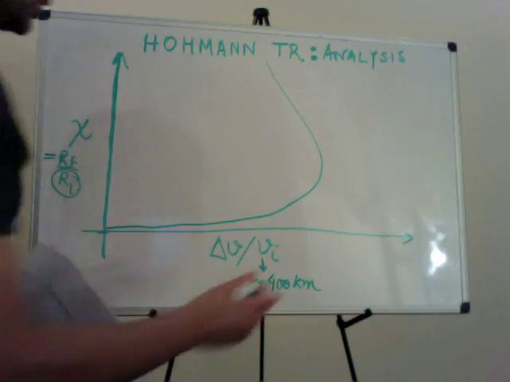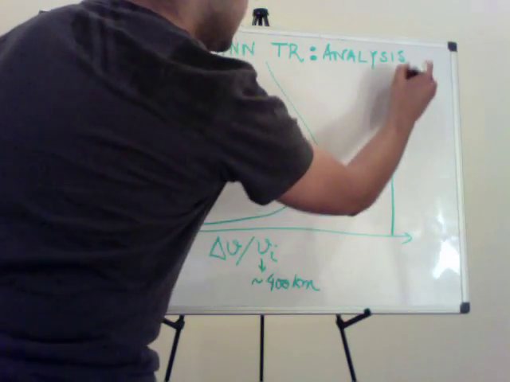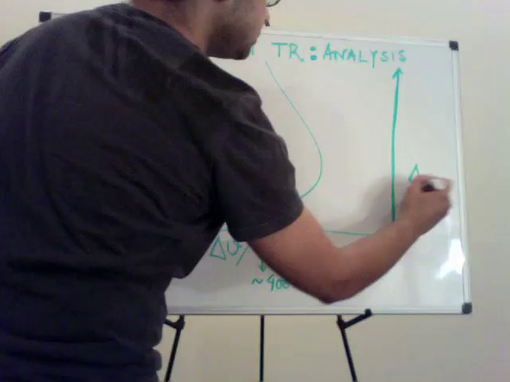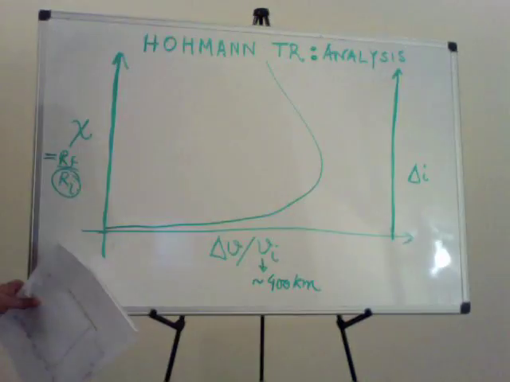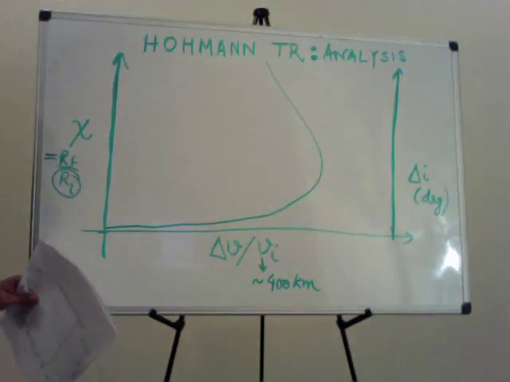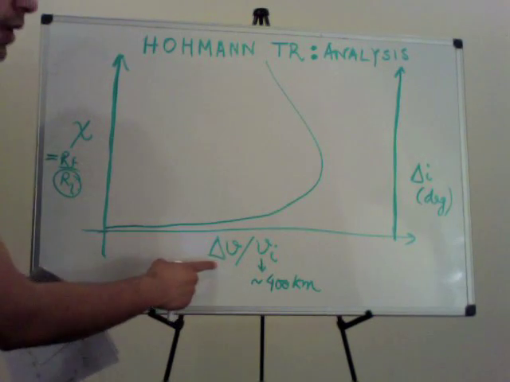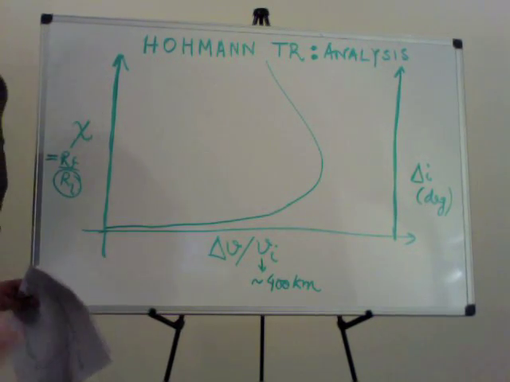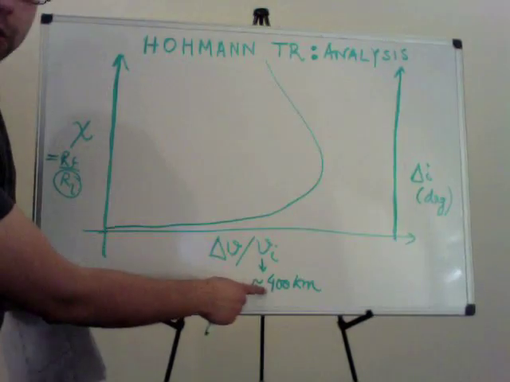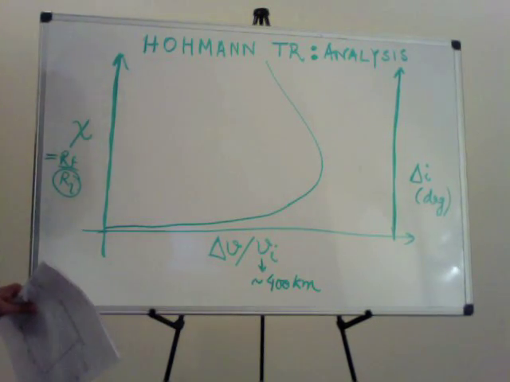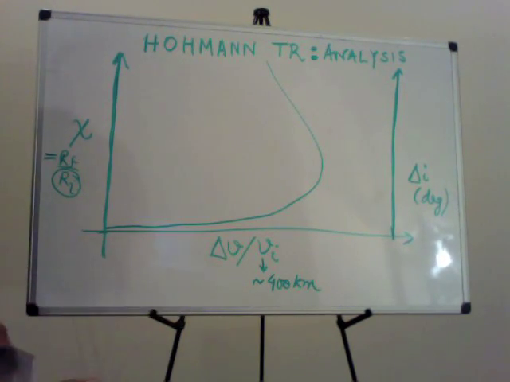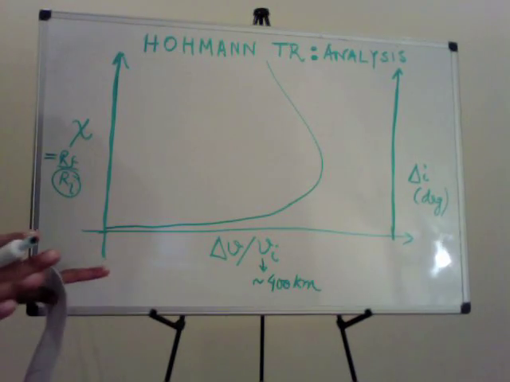Now I'm also plotting, on another y-axis on the right side, the plane change, delta I in degrees. The point here is, given a delta V, how much plane change can I achieve when my initial orbit is 400 kilometers circular. When delta V is 0, delta I is 0, since no plane change will happen.